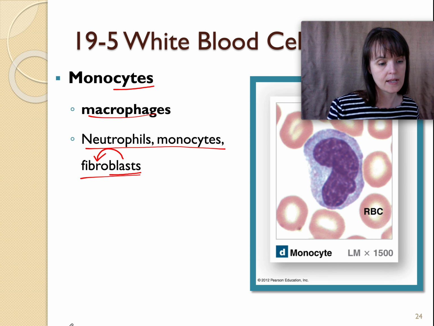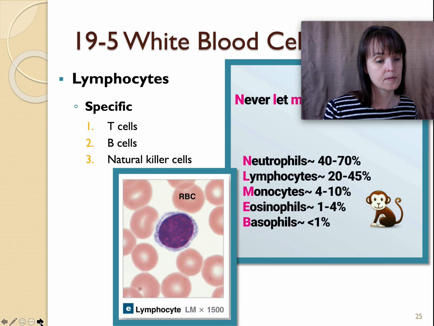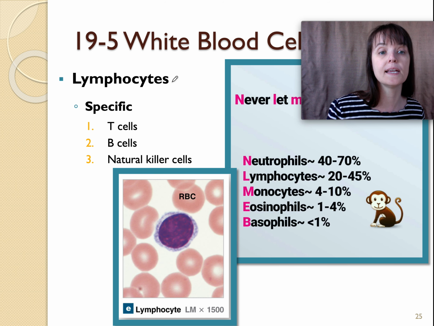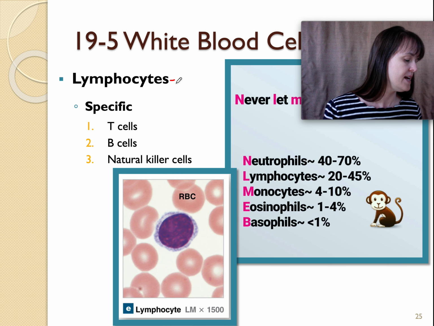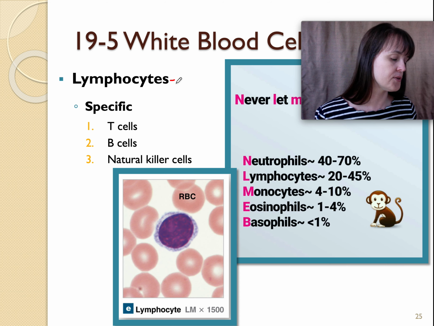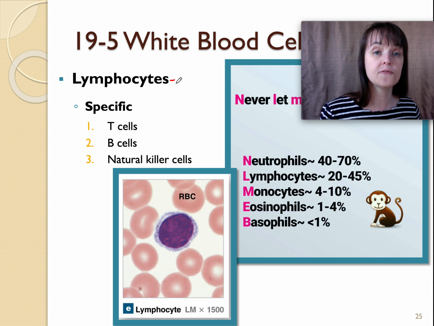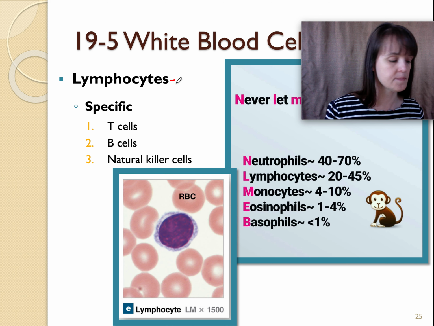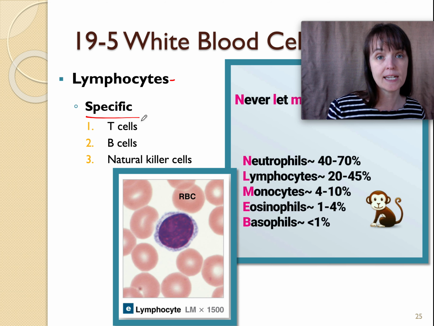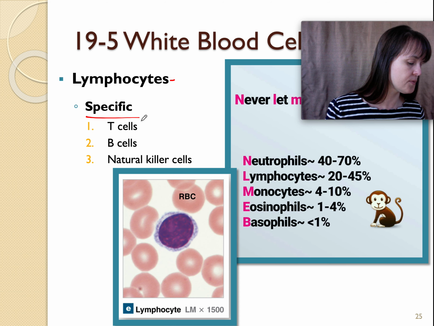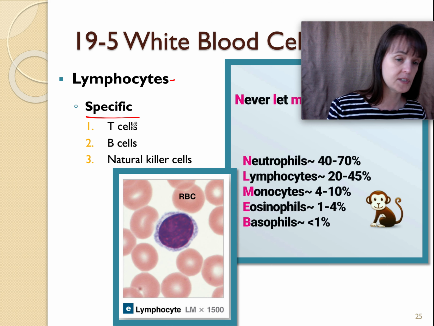And our last but not least white blood cell are the lymphocytes. Lymphocytes are 20 to 30% of white blood cells, making them the second most numerous. And they are solely responsible for specific immunity, as we mentioned. There are 3 types of lymphocytes.